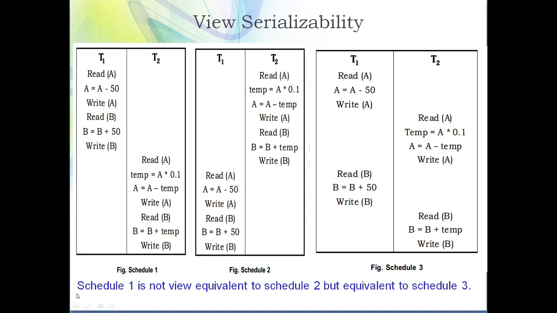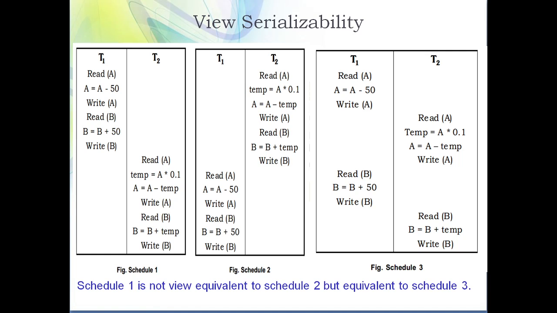So here we have schedule 1, schedule 2 and schedule 3. Here we need to check whether schedule 2 is view equivalent to schedule 1, and whether schedule 3 is view equivalent to schedule 1.